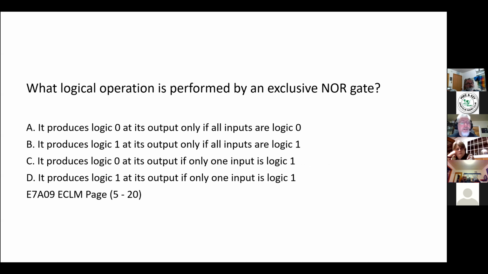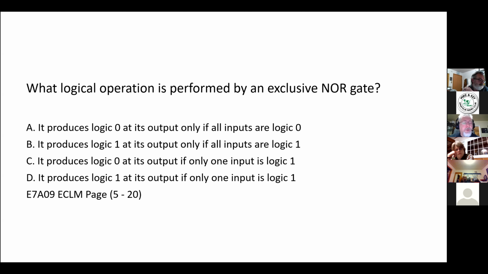What logical operation is performed by an exclusive NOR gate? A, it produces logic 0 at its output only if all inputs are logic 0. B, it produces logic 1 at its output only if all inputs are logic 1. C, it produces logic 0 at its output only if one input is logic 1.